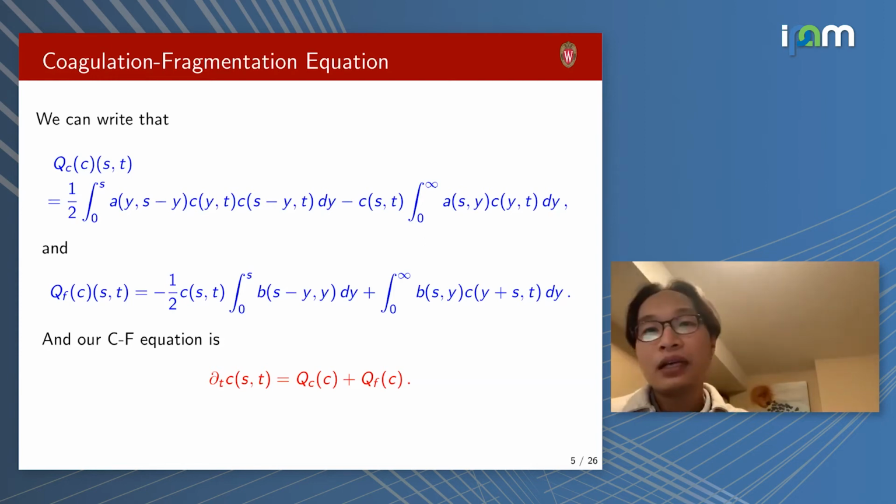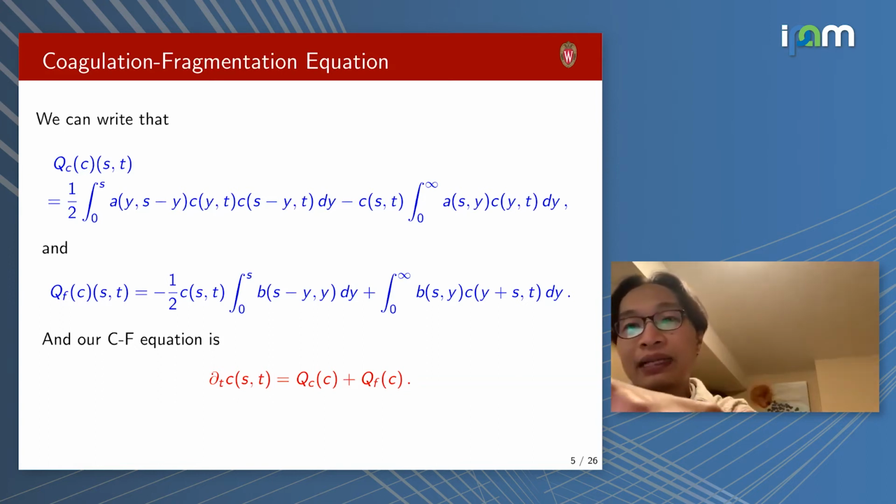You can write out the coagulation term, and you can look at the first two lines here. That I have Q_C of c at size S and time T. How do I write it down? Well, if we remember that to form a cluster of size S, I would need a cluster of size Y and a cluster of size S minus Y combining together. And you see that that's exactly the first term, right?